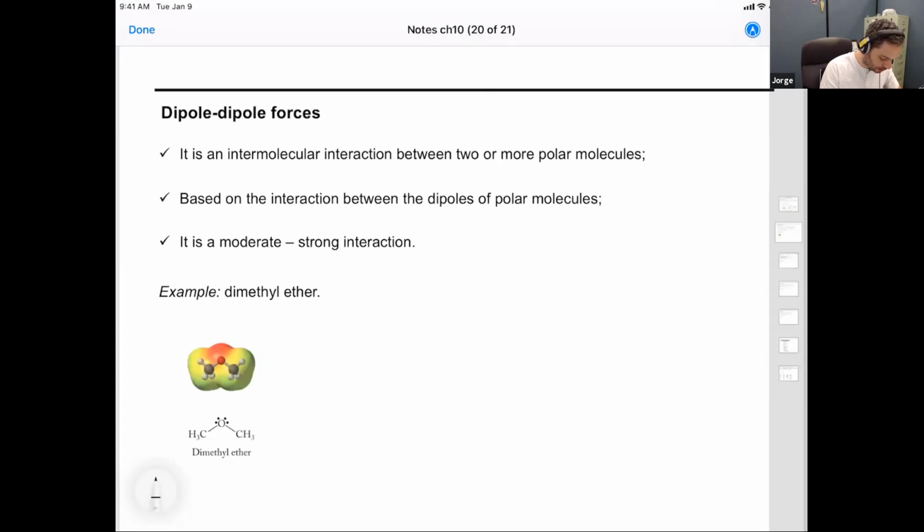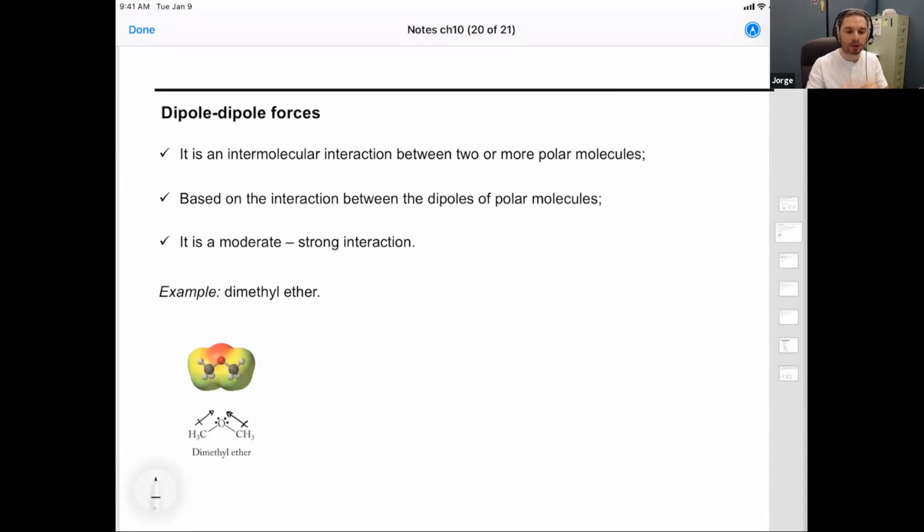If we take a look at the polarity of the carbon-oxygen bond, we will figure out that this bond is polar and it points towards the oxygen because oxygen is more electronegative than carbon. Therefore, oxygen will pull closer the electron pair being shared in this covalent bond. And the same thing on the other side.